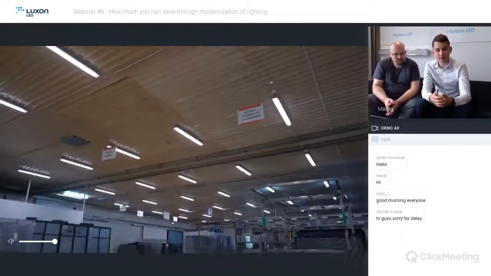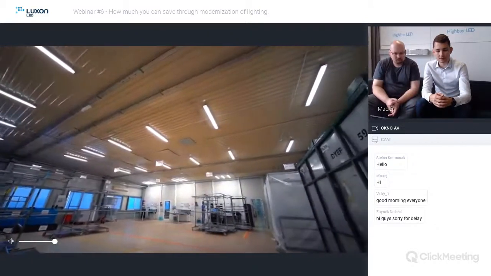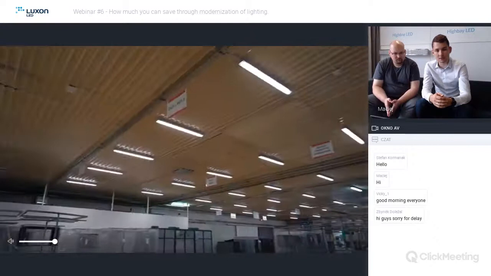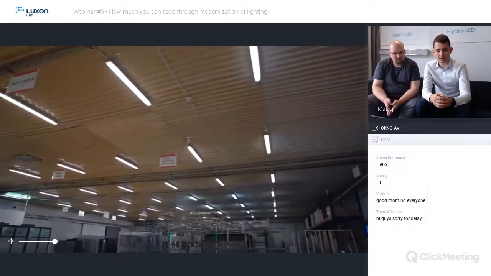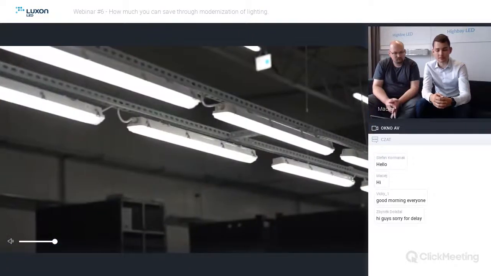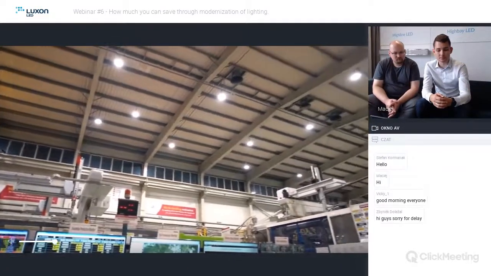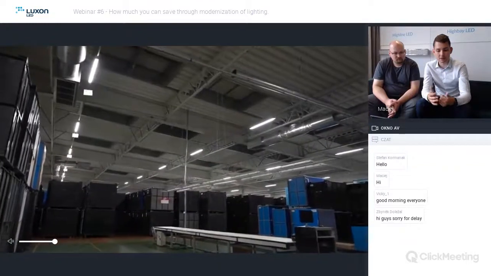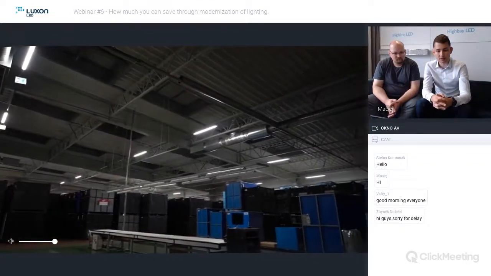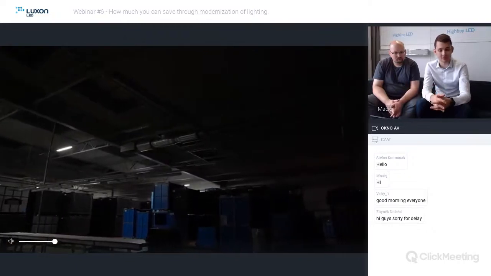And what is important, and we'll talk about it later, is that we not only replace the lighting and guarantee the clients the energy savings, but we also increase the efficiency and we increase the light output by 2 or 3 times in some sections and areas.